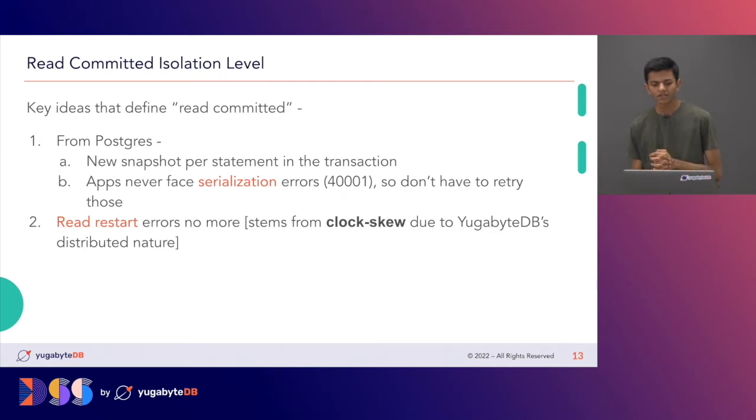Now there's a third idea as well here, which is not really coming from Postgres, but we added it. So there's something called read restart errors in Yugabyte. Now these stem from clock skew, which is inherent in any distributed system.